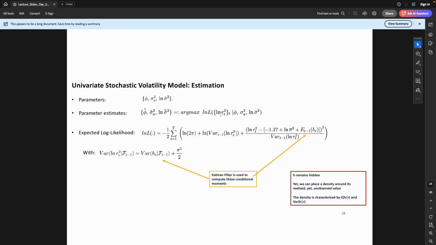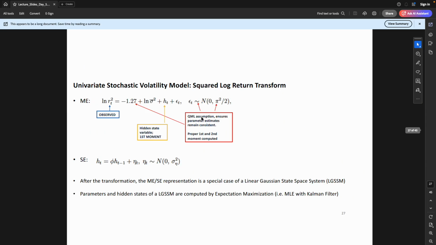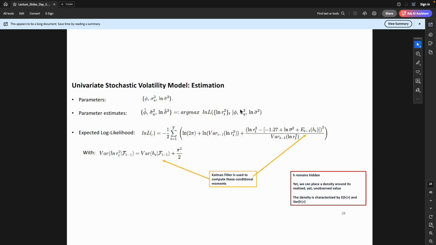Now for log r squared t, let me go back. Here, this looks very much like a Gaussian likelihood that you have seen in the Python tutorial. Nothing more complicated except for one thing.